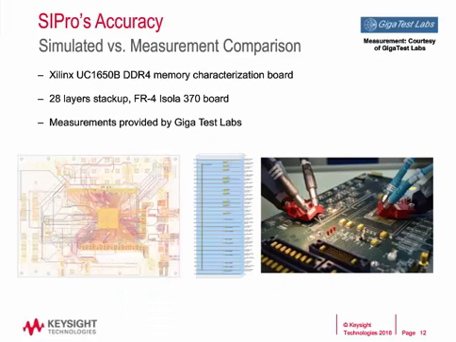One of the DQ lines in the board was measured and compared. The agreement was very good, even accurately predicting the VSWR resonance, which was around 10 gigahertz. Also, the return loss data was matched very well, accurately predicting the electrical length of the line.